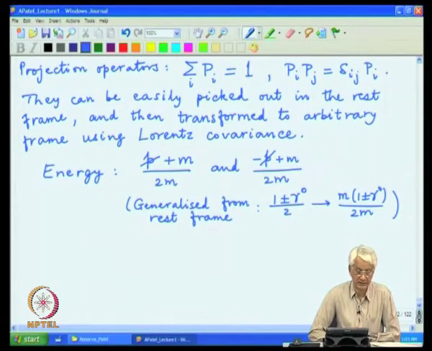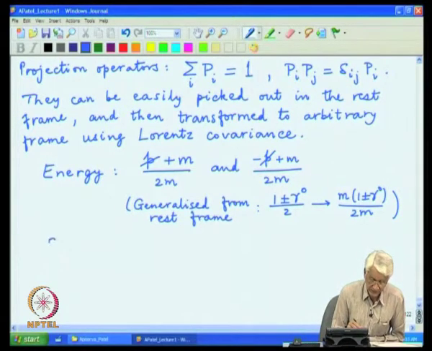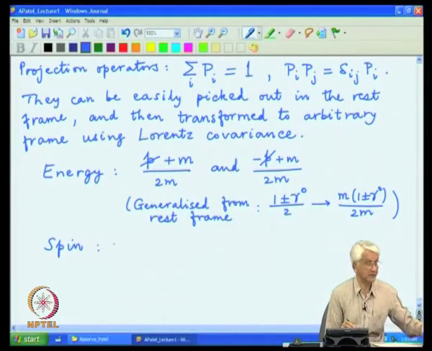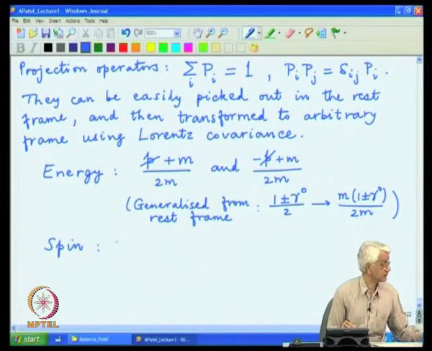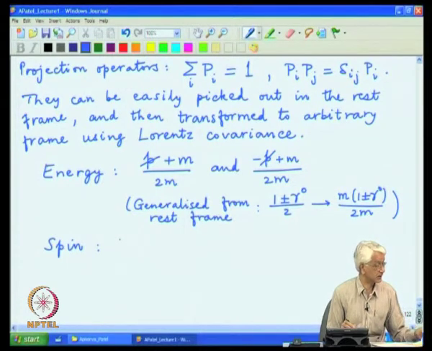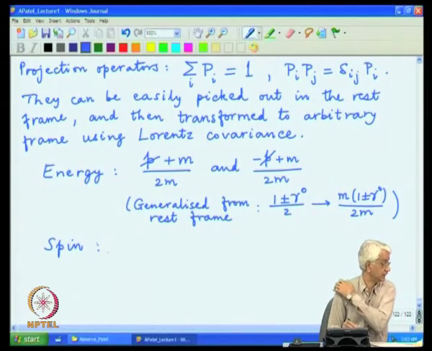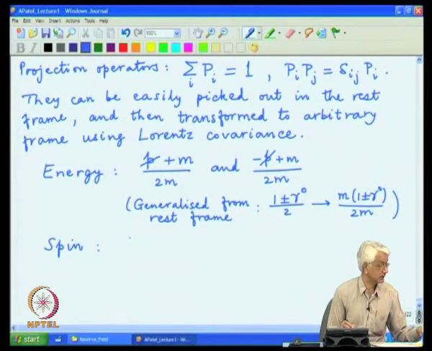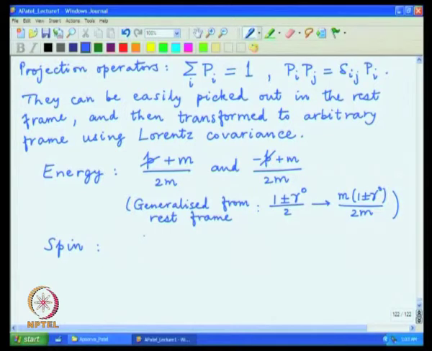So, they will now work in any arbitrary frame, and similarly for the spin, one has to start with an operator which has the correct structure in the rest frame, and then generalize it to an arbitrary frame.